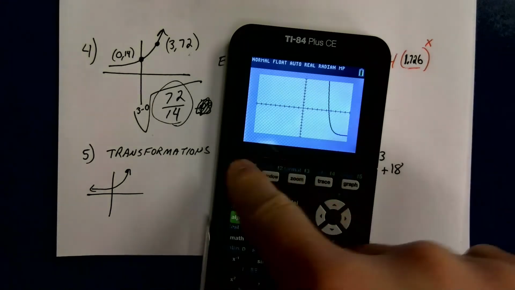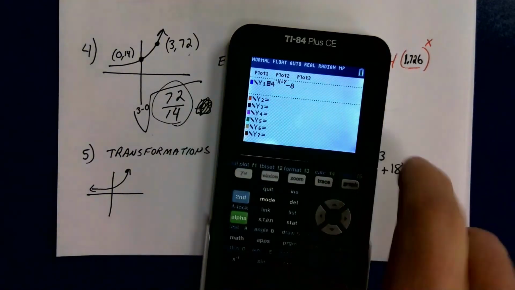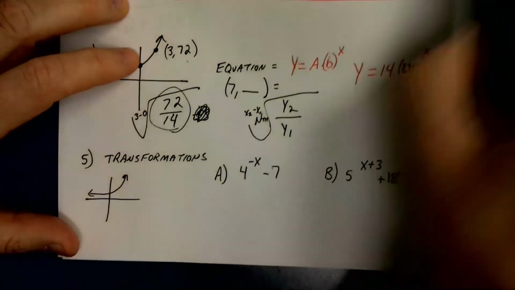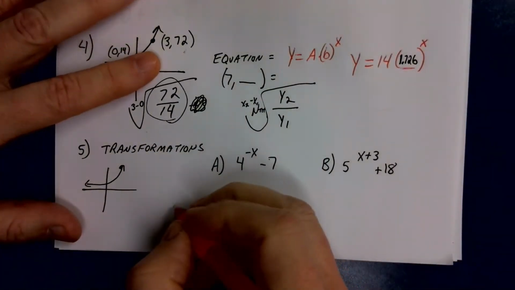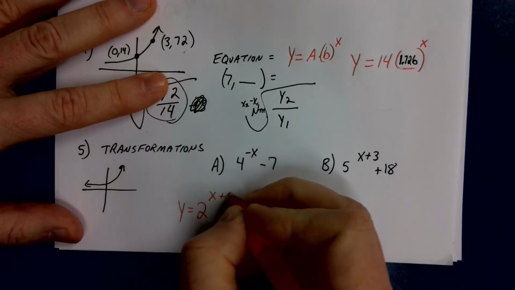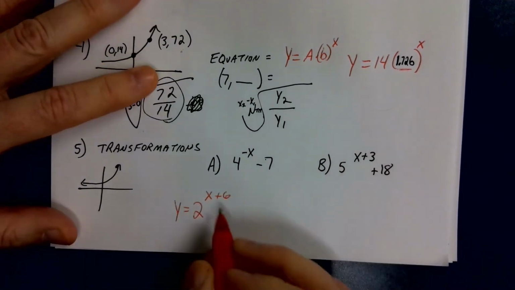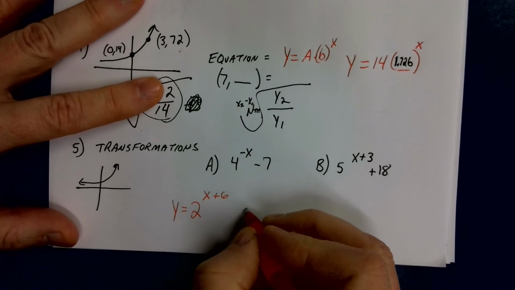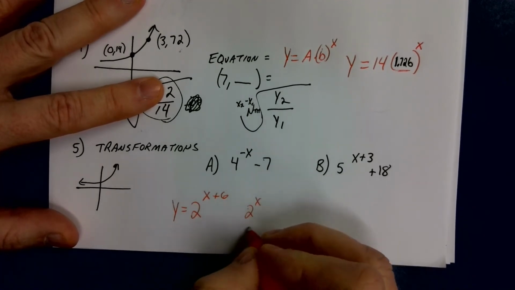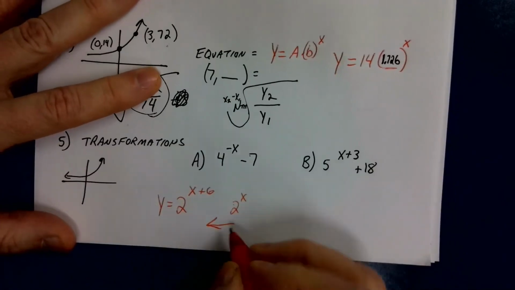Well, it would, except for the fact that you've got that negative on your x. So, okay, follow me here on this. If I had y equals 2 to the x plus 6, this should take a graph of 2 to the x and move it 6 to the left.